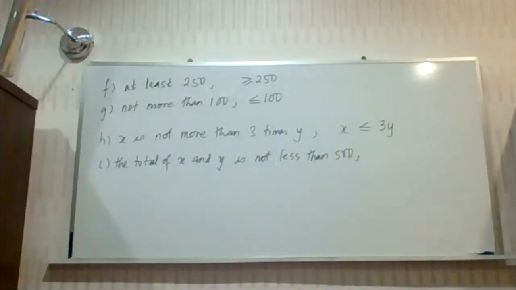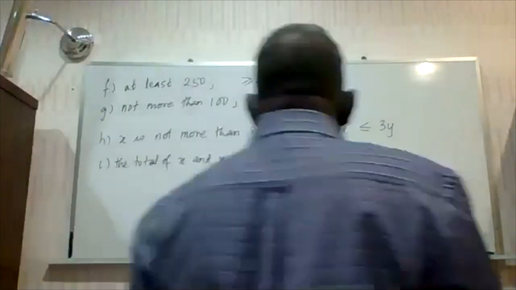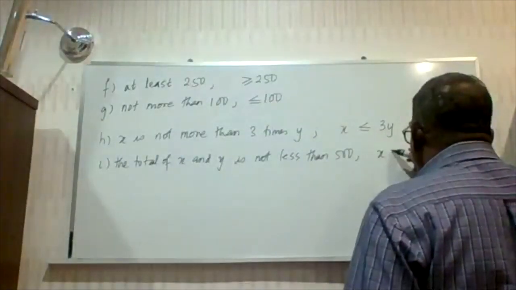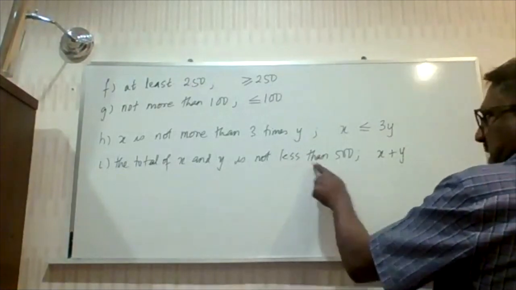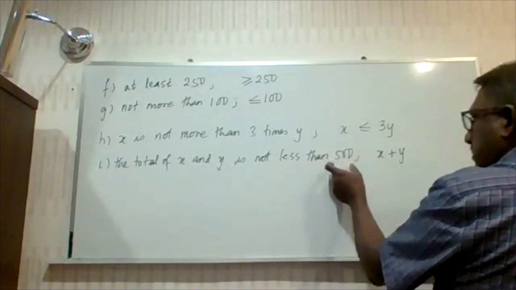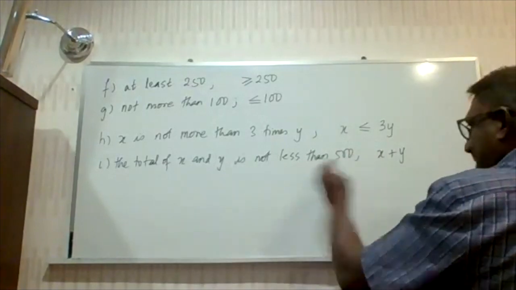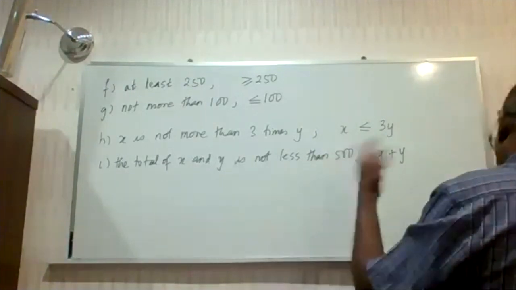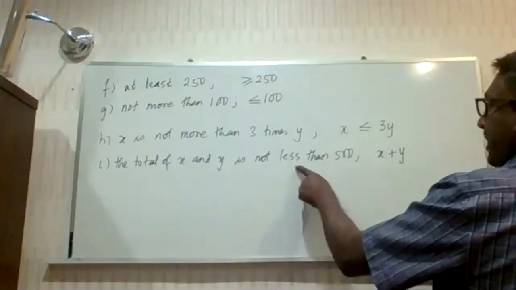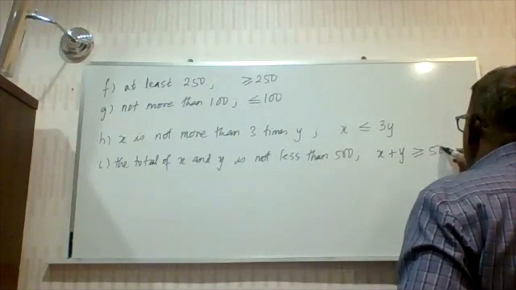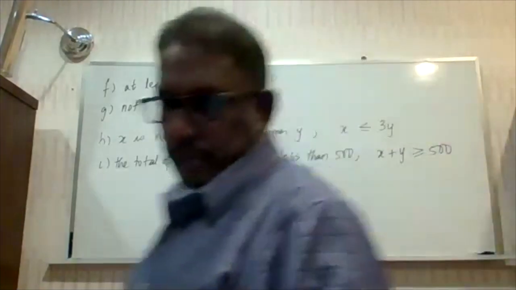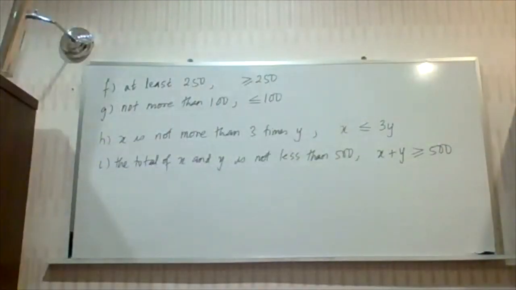Total of X and Y means X plus Y. Not less than 500 means 500 is the minimum. It cannot be less than 500. But what about 500? 500 can, because it says cannot be less than 500. So it should be more than or equal to 500. That's how you get that.